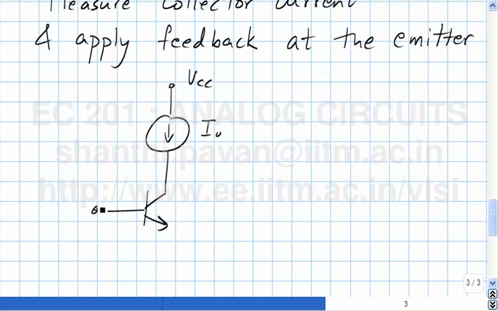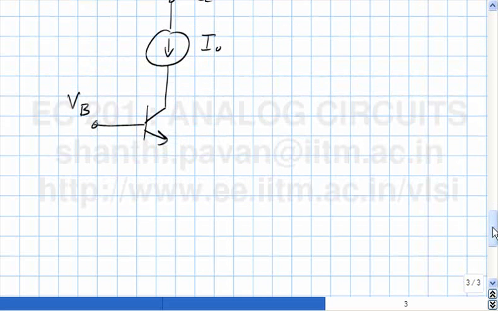So we all agree that we keep the base fixed at some potential and we need to compare the collector current with I naught. If I naught is greater than IC, what does it mean? What will happen to the potential of this node?